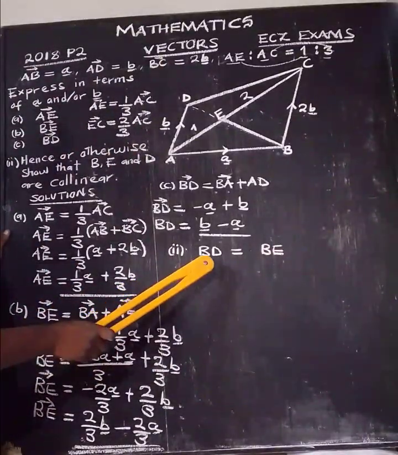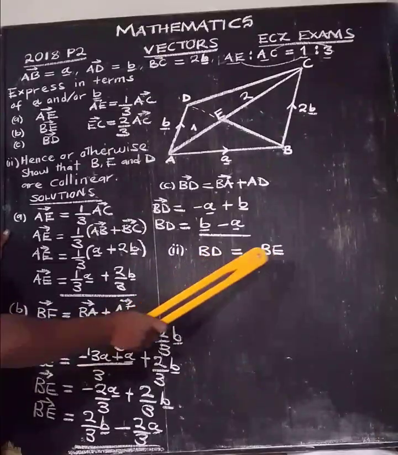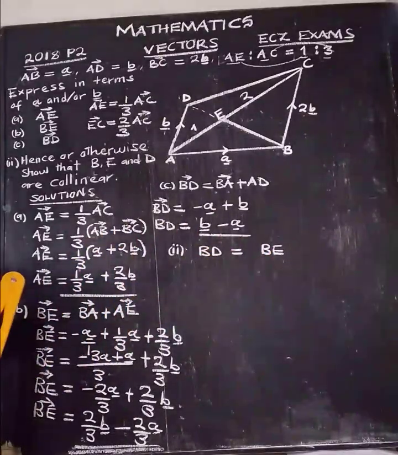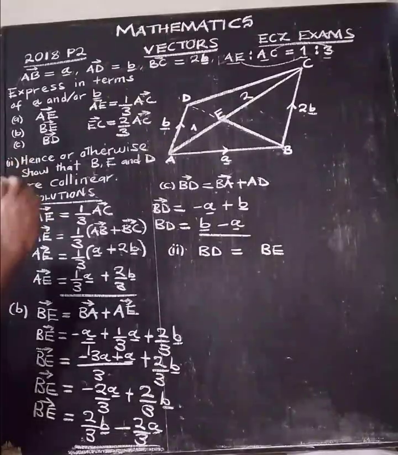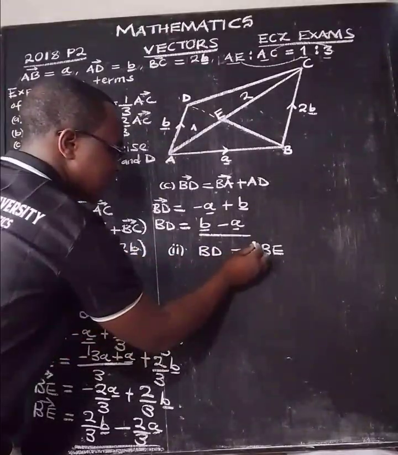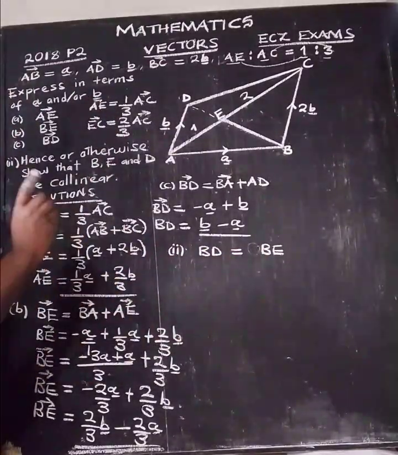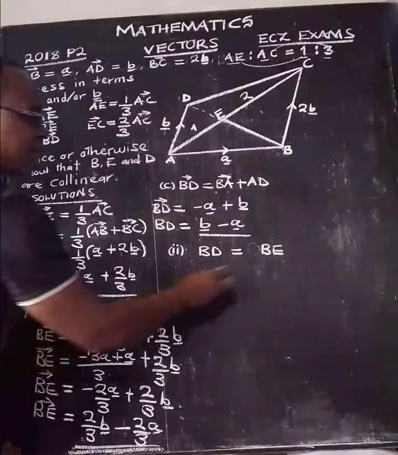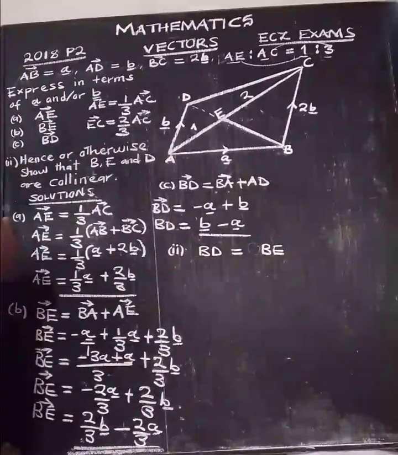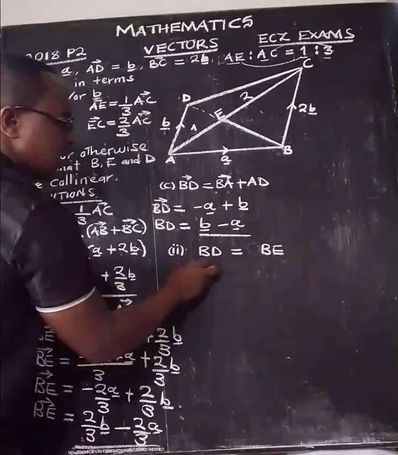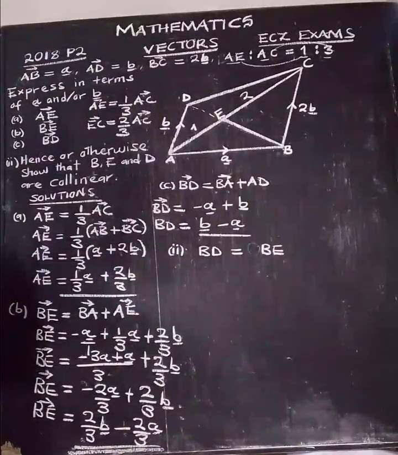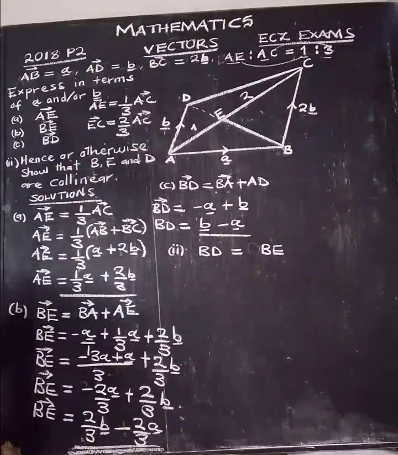If these are collinear, it means we can find a scalar such that if we multiply a certain scalar by this, we produce this. Meaning these are supposed to be equal.